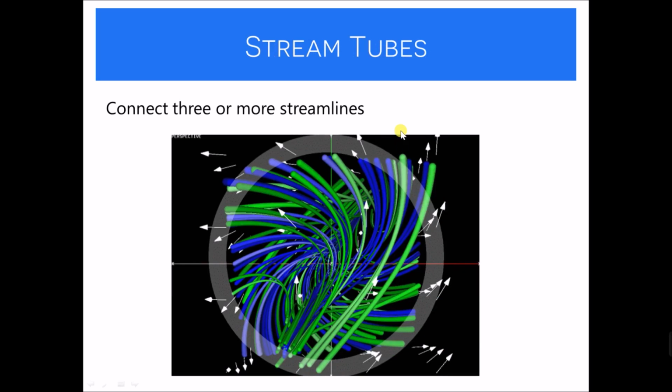The next is the stream tube. This is not quite like the stream ribbon, but by connecting them in tubes, you can get a little more sense. It's not a ribbon, but you can get a sense for the directionality of it, right? You connect basically a bunch of streamlines in a tube and see where they go.